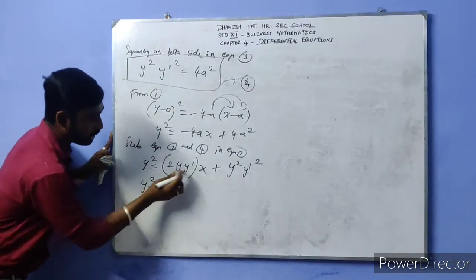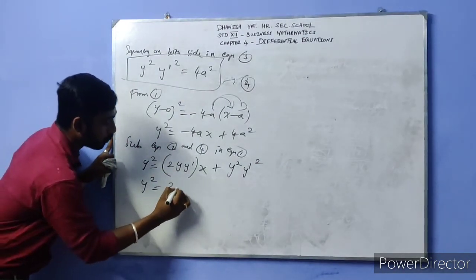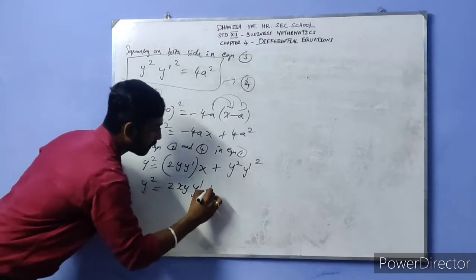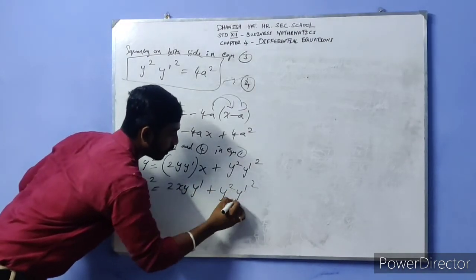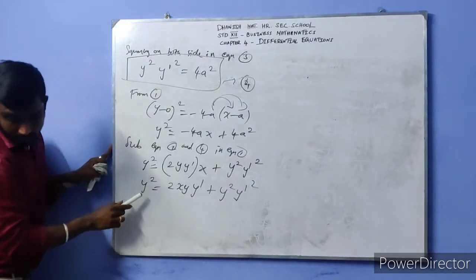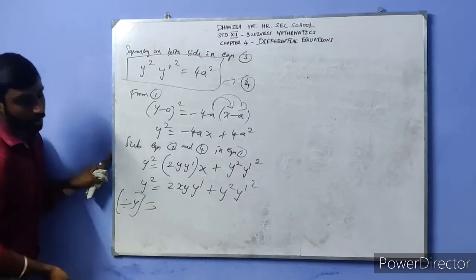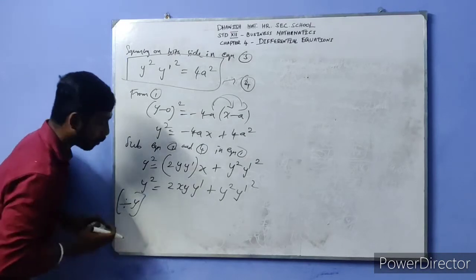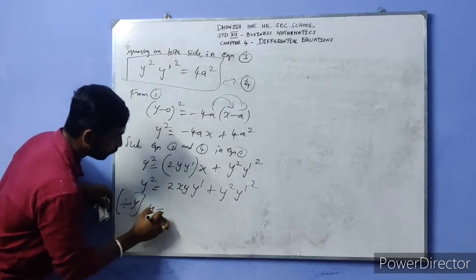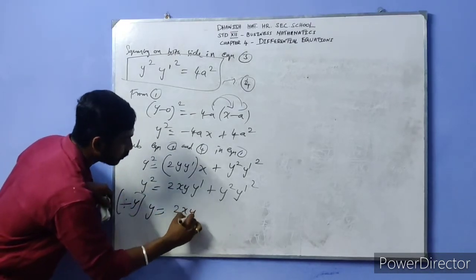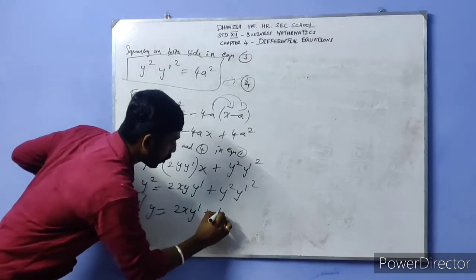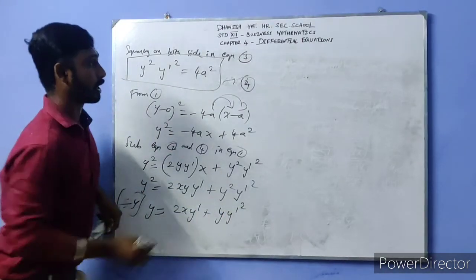So here we multiply this x, equal to 2xy y dash plus y square, y dash of square. Now we divide by y throughout the equation. So here we get 2x y dash plus y into y dash of square.